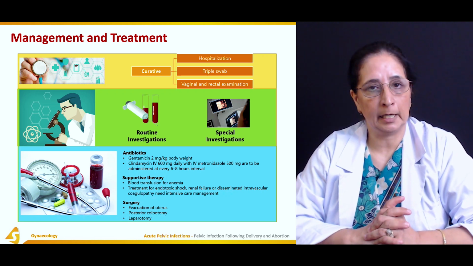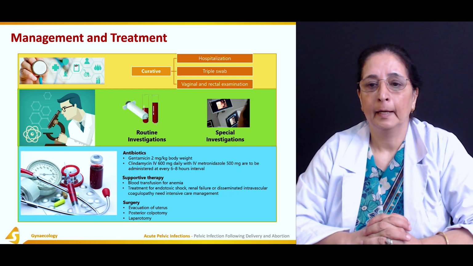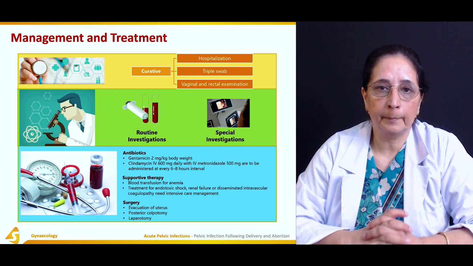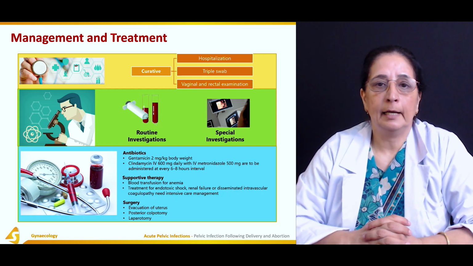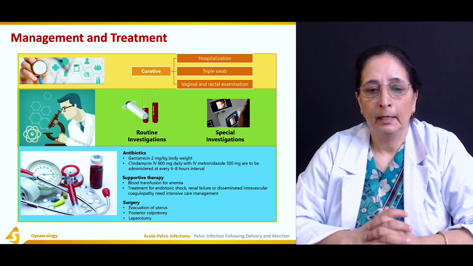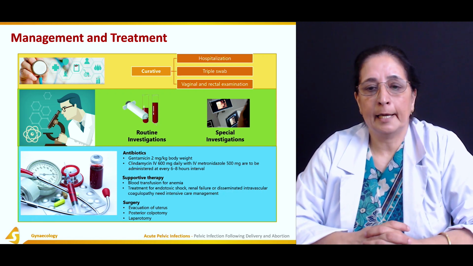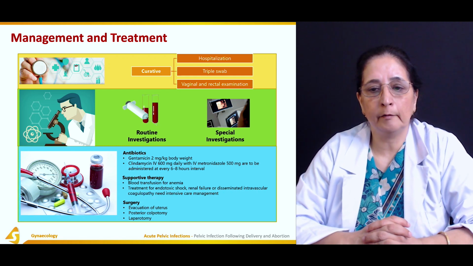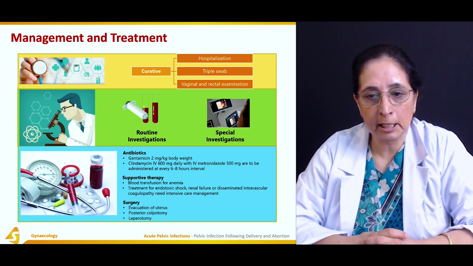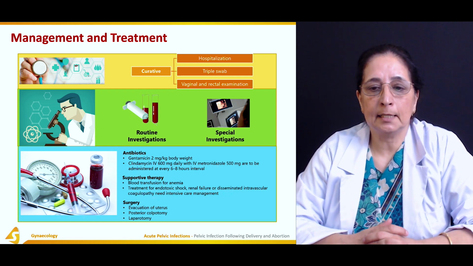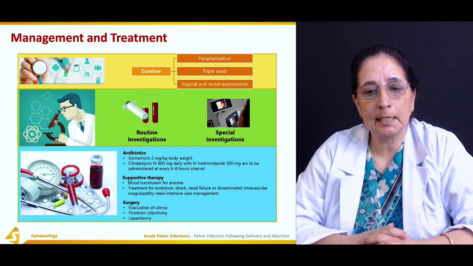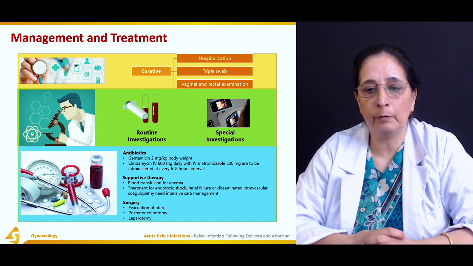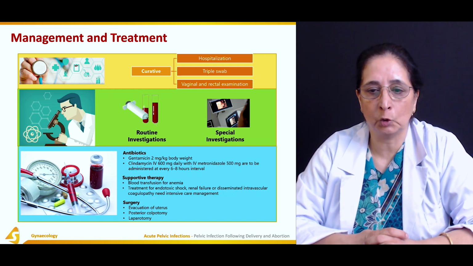Hospitalization is sometimes required. Then triple swab testing, and vaginal and rectal examination. The treatment is antibiotics, which include gentamicin, 2 milligram per kilogram body weight. Clindamycin is given intravenously, 600 milligram daily, with IV metronidazole.